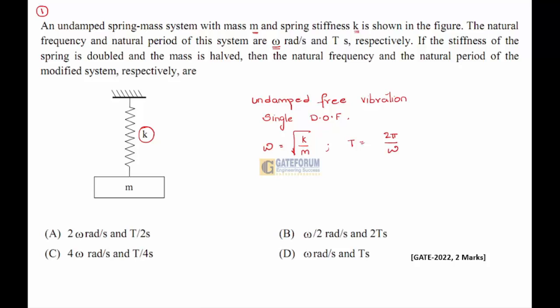the values of omega and t will be this, and for the modified system, the spring is doubled and mass is halved, right? So let us assume k dash, that is spring constant, got doubled and mass got halved. Then k dash and m dash represent the stiffness and the mass of the modified system.